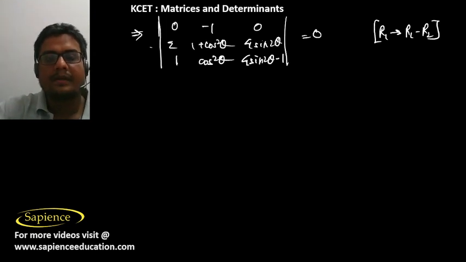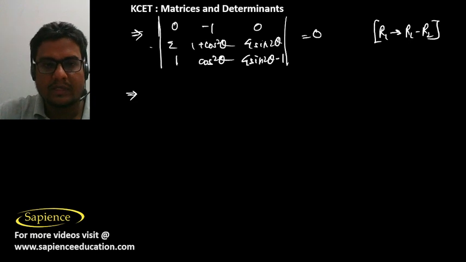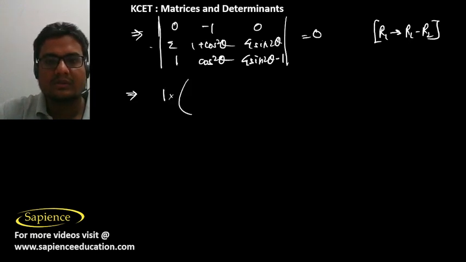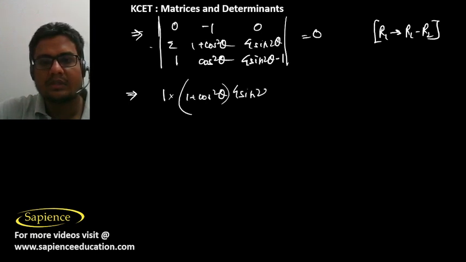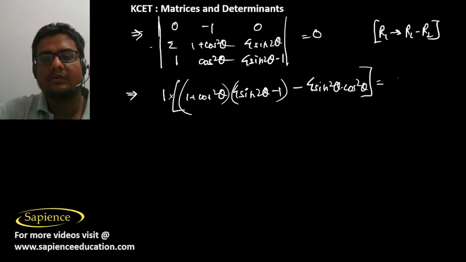Now we can expand this determinant along the first row, since we have the most zeros in the first row. If we expand along the first row, we get minus of minus 1, that is plus 1, into 1 plus cos square theta into 4 sine 2 theta minus 1, then minus 4 sine 2 theta into cos square theta, that is equal to 0.